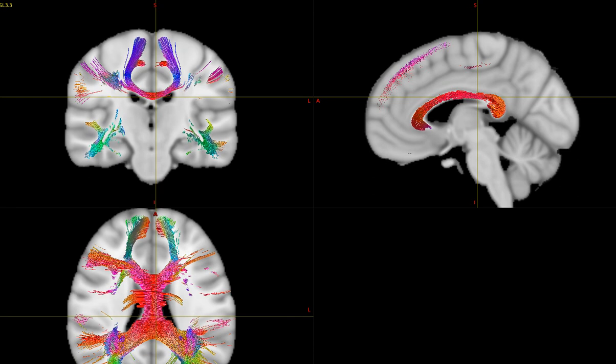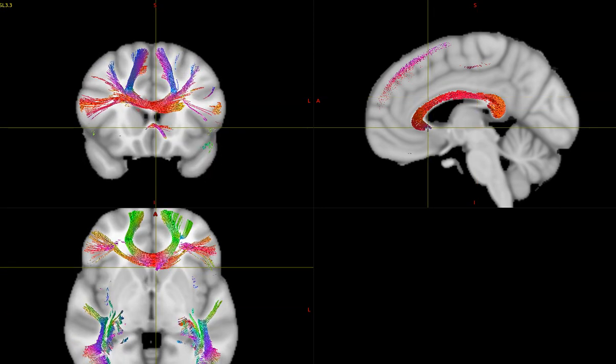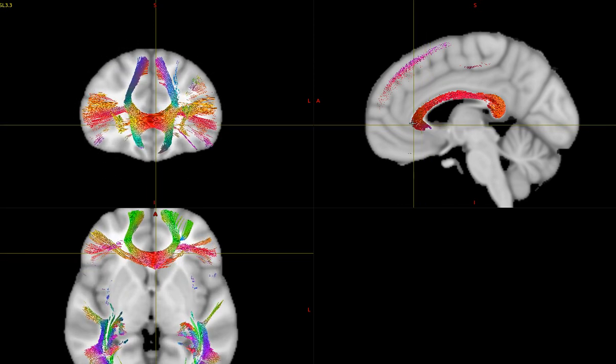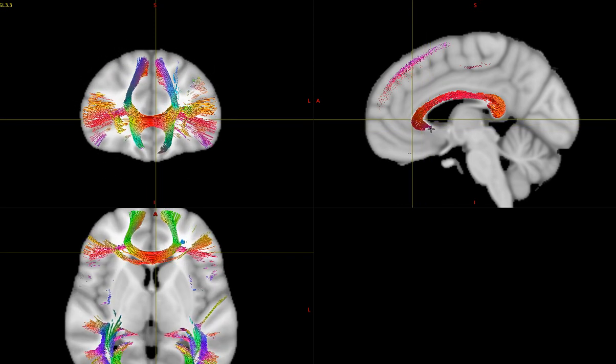And remember, rostrum means nose or beak. So the rostralmost portion of the corpus callosum is here, closest to our nose and our beak. The second portion is just slightly superior to that, and it's in fact the most anterior part of the corpus callosum, which is the genu of the corpus callosum.